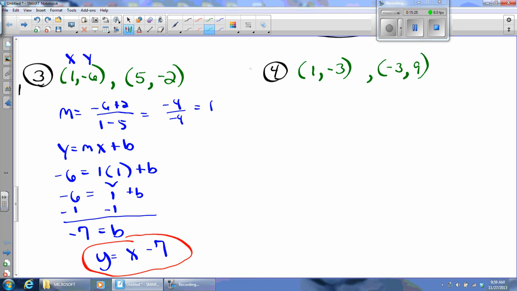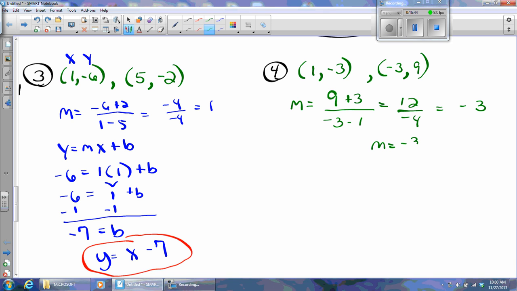Okay, problem number 4. Let's find the slope. Let's go with 9 plus 3. 9 minus negative 3 is 9 plus 3, which would be 12. And negative 3 minus 1, which would be a negative 4. So now we have a negative 3. Slope is negative 3.